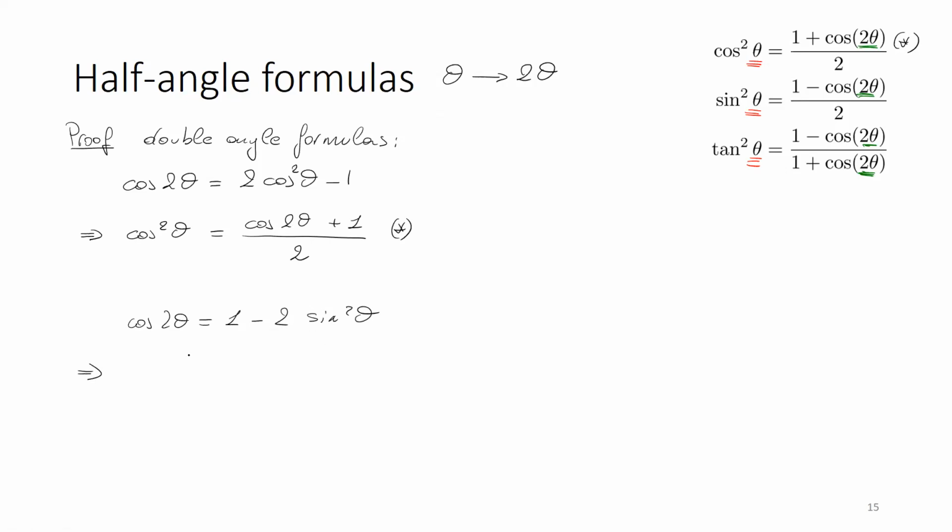And if I rearrange the terms here to free up sine squared theta, then I have that sine squared is 1 minus cosine 2 theta divided by 2. So that's the second formula that I have here. And then the last, the one for tan, how does that follow? Well, you just divide sine squared by cosine squared, and you will get what the right-hand side gives here.